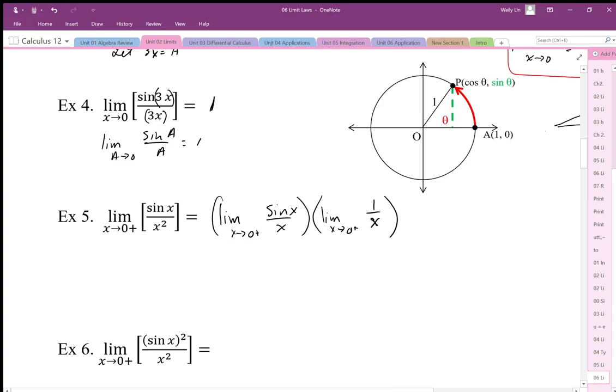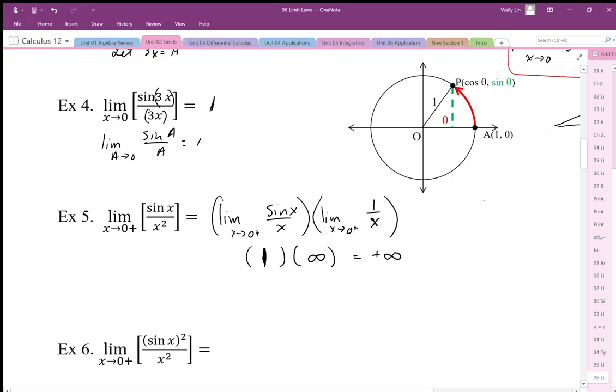This would be applying a limit law. We can just split off that denominator in this way. And we get 1 times, well, 1 divided by x, going to 1 divided by 0 from the positive side is going to be positive infinity. So we end up with positive infinity.